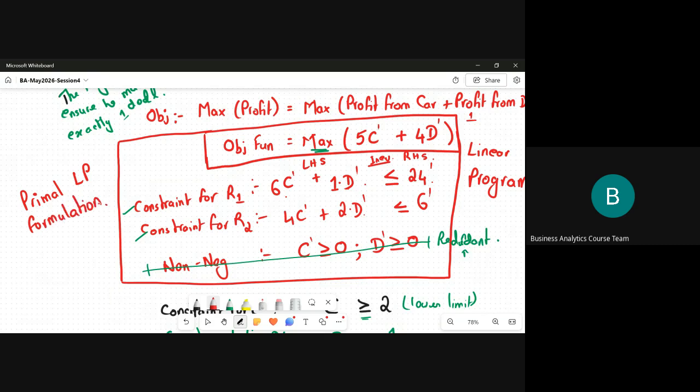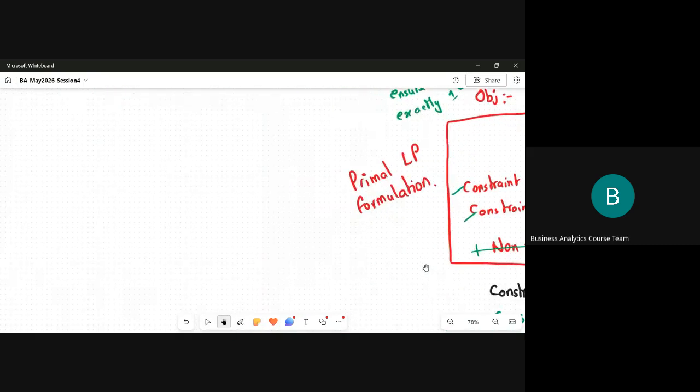I will come to why it's known as the primal in a bit. From this primal, we can create something known as the dual formulation.